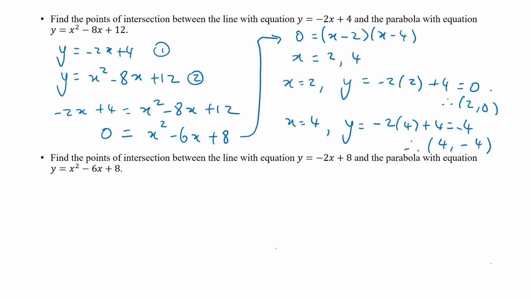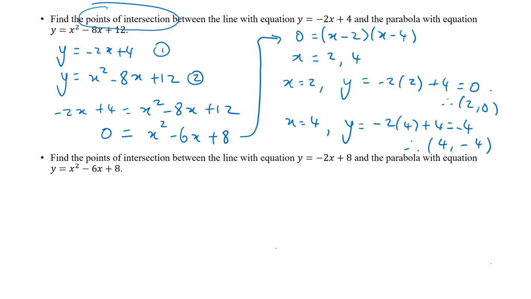Now, make sure you check what the question says. Sometimes it will just say determine the values of x and y such that these two equations are satisfied or whatever. In this particular one, it says find the points of intersection. Therefore, your answers must be in points form at the end. In coordinate form. So you can't just write x. You can write x equals to 2, y equals to 0.